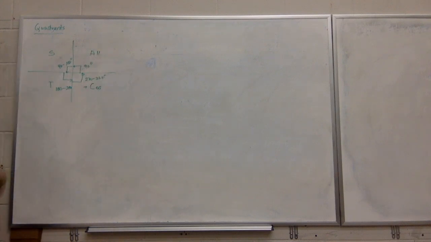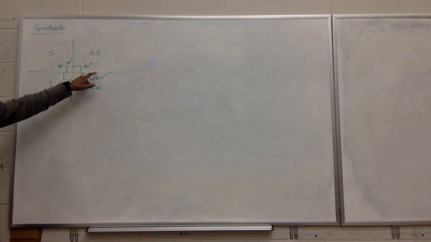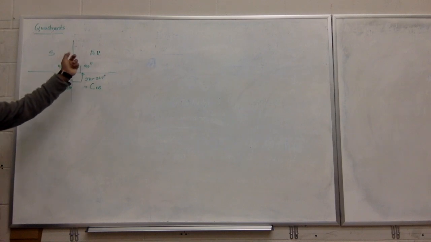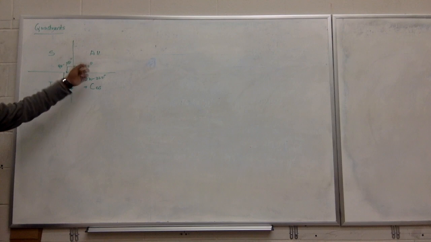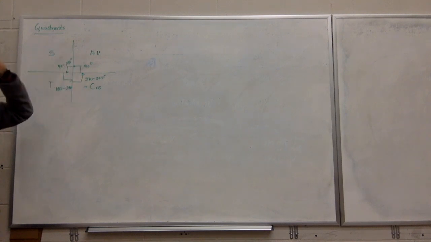So what that means is, we start with sine. Sine from 0 to 90 is positive. Cosine 0 to 90 is positive. Tangent 0 to 90 is positive. You with me?